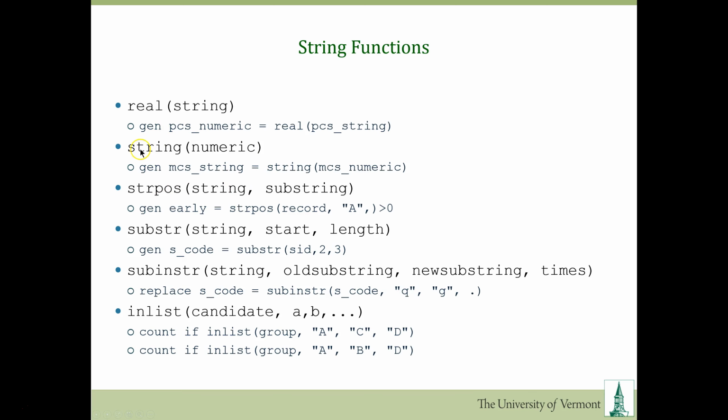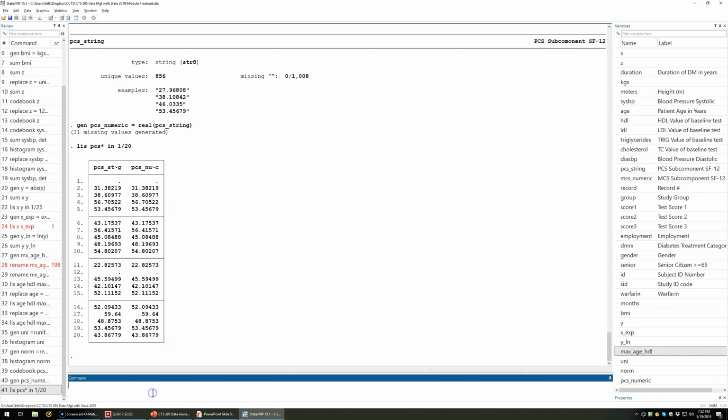The string function takes a numeric and makes it into a string. So if we happen to want the string equivalent, well, we could take one that we already had, which is mcs_numeric, and we can generate mcs_string is equal to the string equivalent of mcs_numeric.